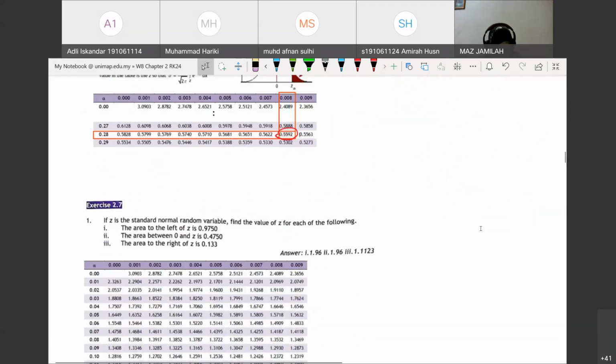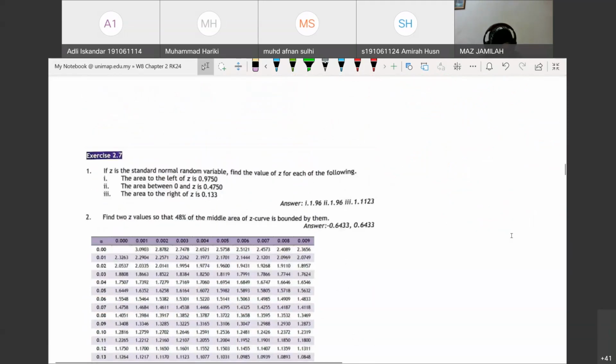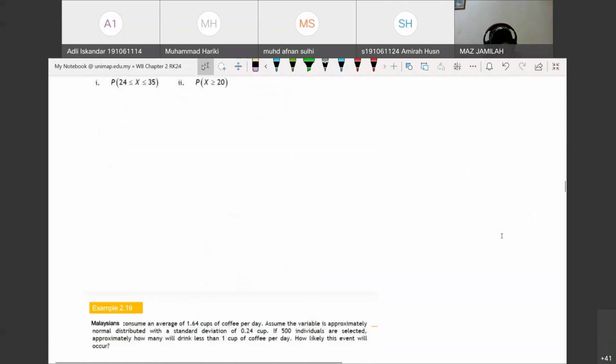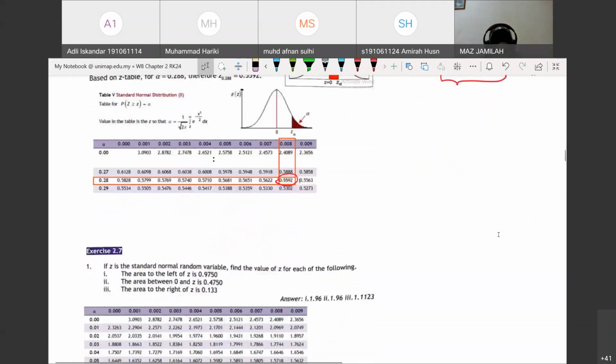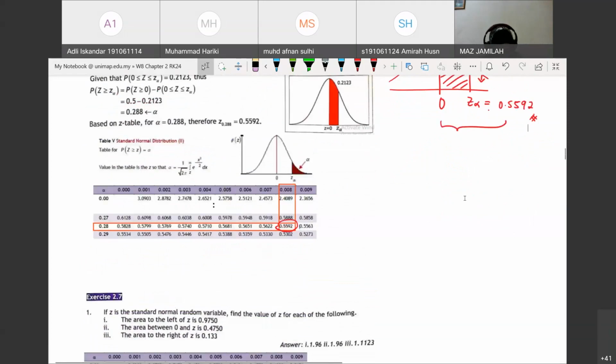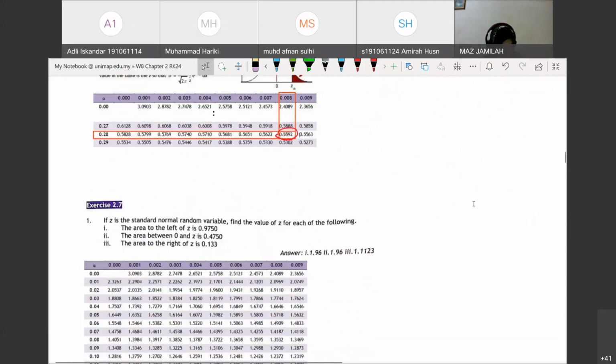distribution. Now, let us look at one example. Very quick, because I need to finish the continuous probability distribution. Now, if Z is the standard normal random variable, find the value of Z for each of the following. I do appreciate it if anyone has any problem or any question, so please stop me, because since time is very limited, I'm going to straight away finish up all the materials that I have planned to finish for today's class.